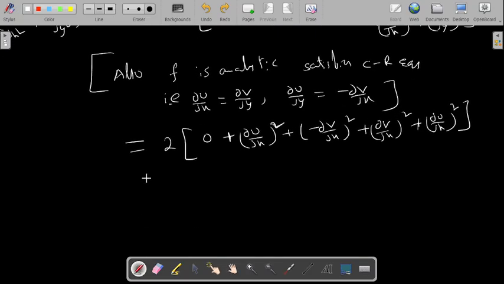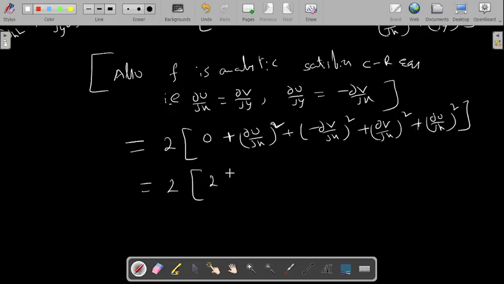So now this will be 2 times (∂u/∂x)², (∂u/∂x)², 2 times is there.